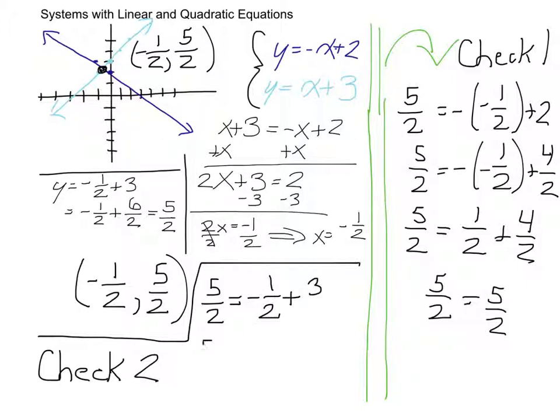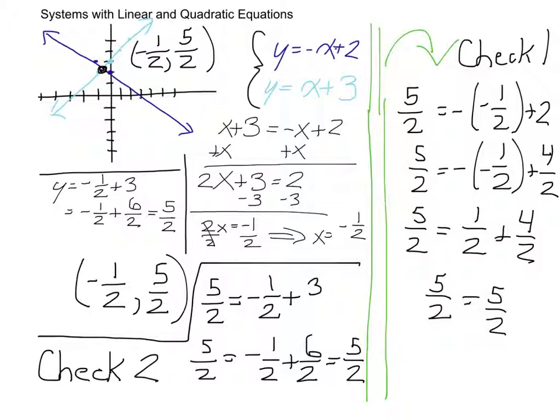Well, I know 3 can simply be written as 6 over 2, so now I have negative 1/2 plus 6 over 2, which in fact does equal 5/2. So the idea is, if I'm verifying that I have the correct solution to my system of equations, if I put in negative 1/2 for both values of x and 5/2 in for both values of y, then I should get a true statement. Graphically, the solution to a system of equations is the point where those two equations intersect.